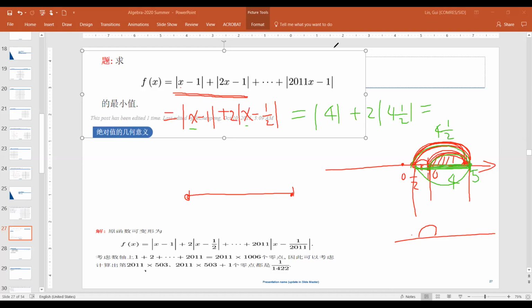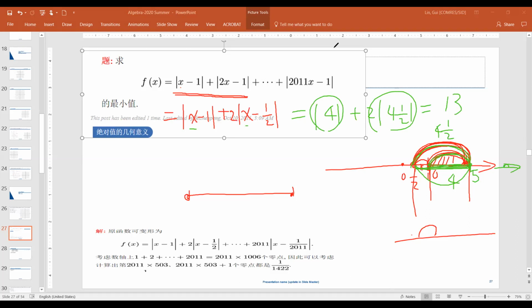So totally what would it be? This is 9, this is 4, it becomes 13. So it's a very big number. So the further you go this way, the bigger this number gets, right?